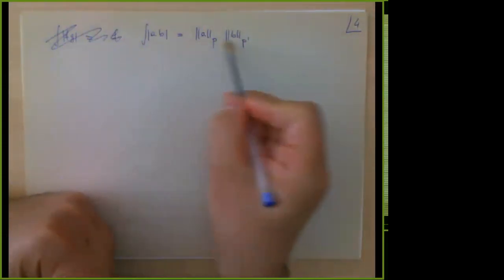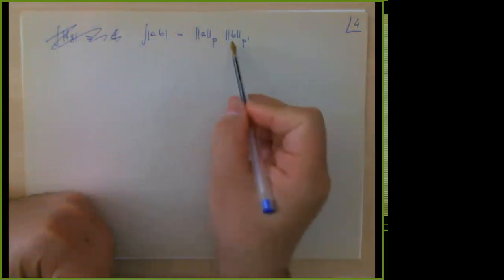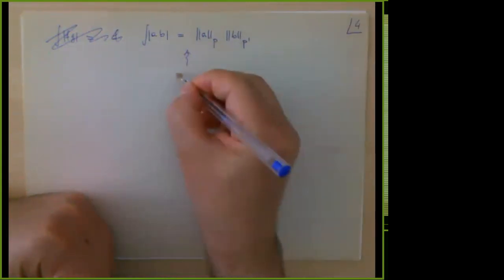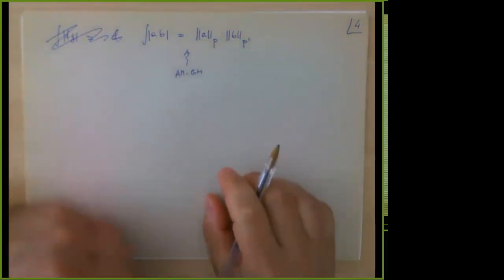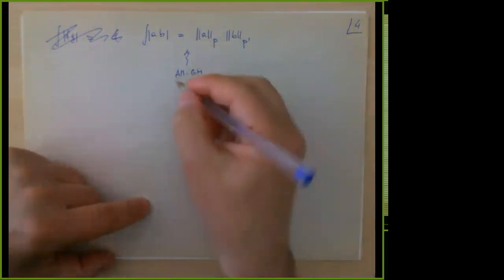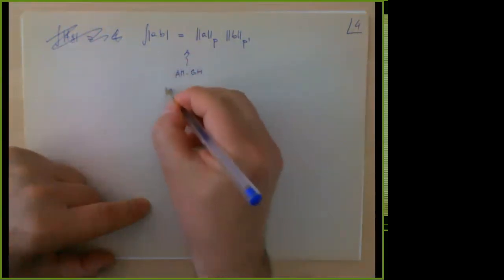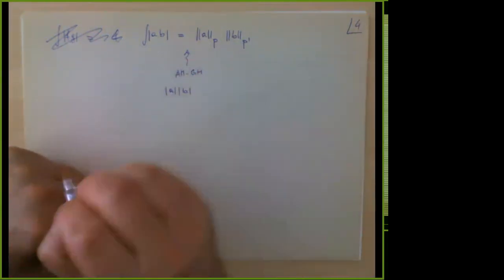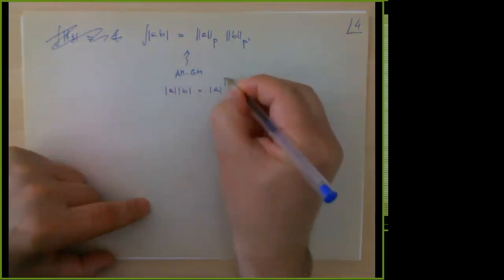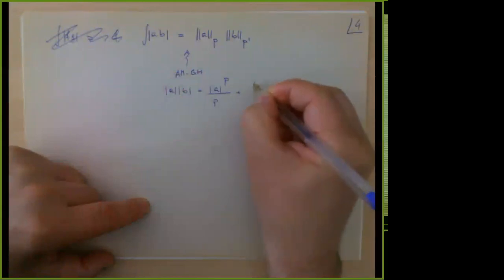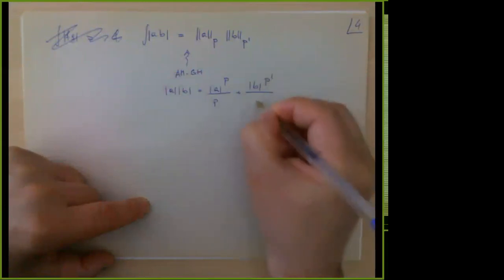Then if we go back and trace where this comes from, the AM-GM inequality, this is possible if and only if we have this equal to A to the P over P plus B to the P prime over P prime.